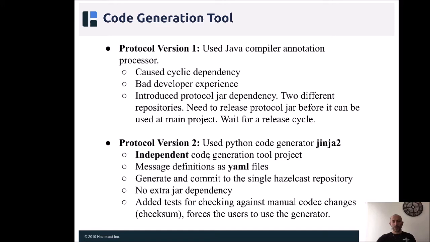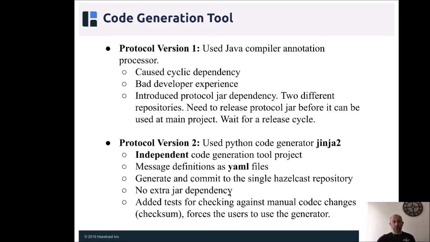In version 2, we use the code generator project just as a tool. So the user changes the YAML files, generates the codecs, and sends his codec changes together with his main repo changes to the main repo, which is the Hazelcast repository.